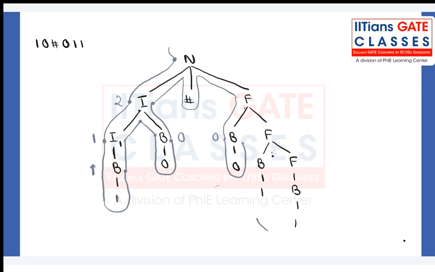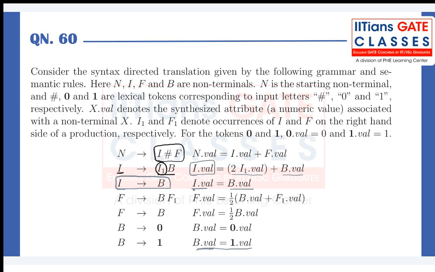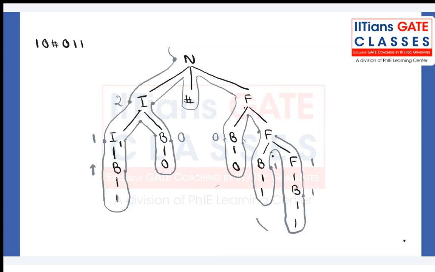This F, you don't do anything because you have to come to this F as well. You go up now, B dot val is 1 dot val. So this is 1. You come here. So F derives B, so F dot val is B dot val here as well. Now the parent F, that is F derives BF that we did, we have to find the corresponding rule. Okay, so F dot val is B dot val.